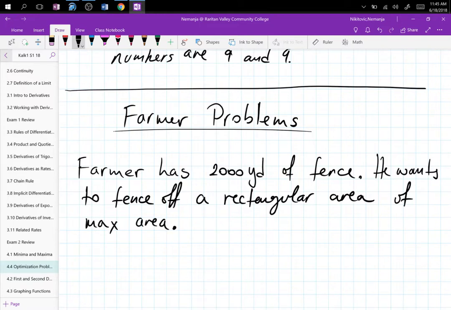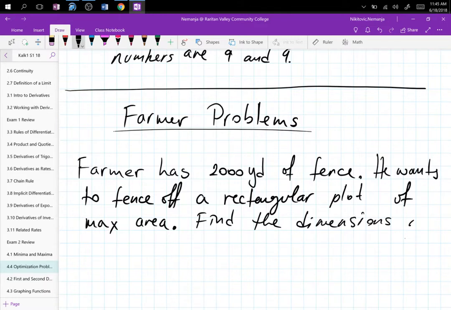He wants a rectangular plot. There we go, rectangular plot. So he wants to fence off a rectangular plot of maximum area. Find the dimensions of the plot.